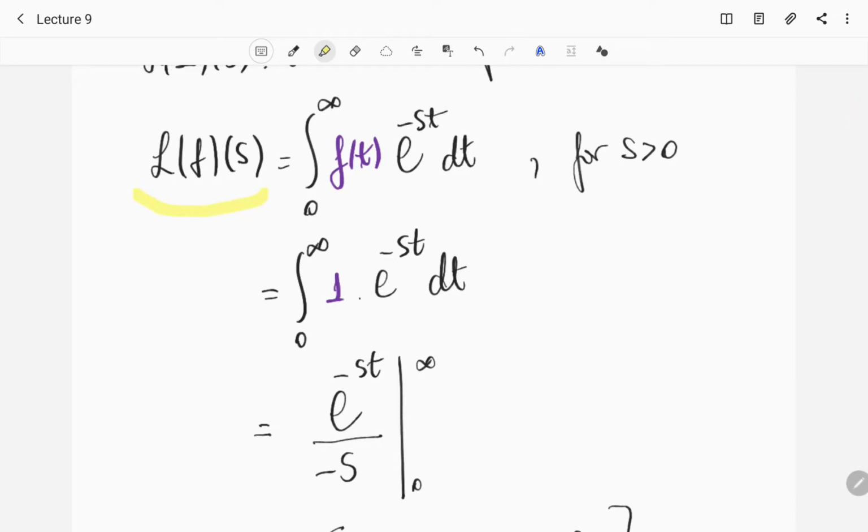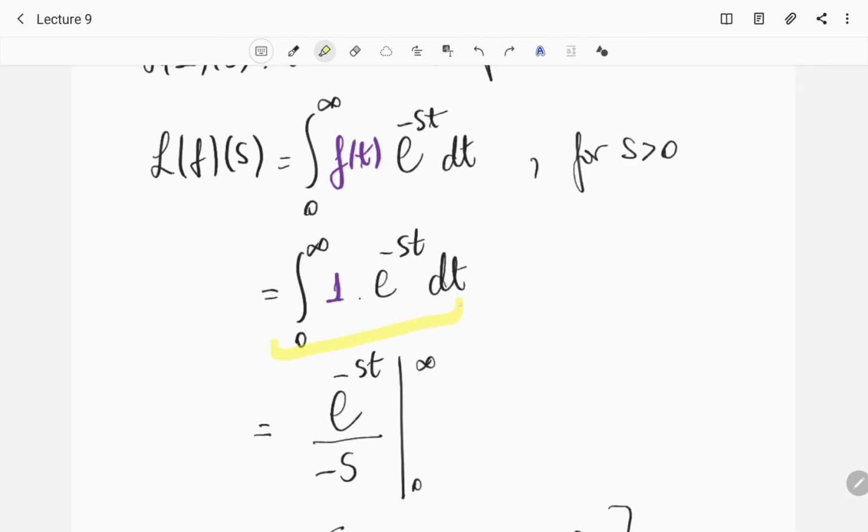By definition, the Laplace transform of this function at s is the integral from 0 to infinity of our function times the exponential to the power minus s times t, where in principle s is greater than 0. In this case, our first example and the easiest one, we have the function equal to 1, just the number 1.